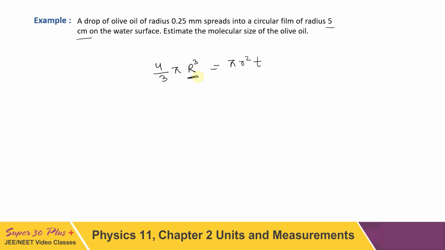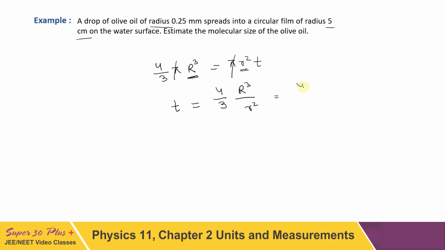Now see, this capital R I have written is the radius of the drop, which is equal to 0.25 mm, and the small r is the radius of the circular film. So from here we can calculate t, that will be equal to, pi gets cancelled, 4 by 3 R cube upon r square.